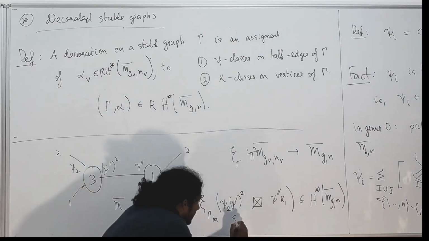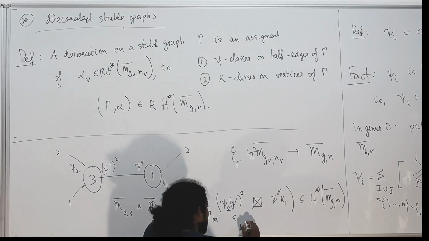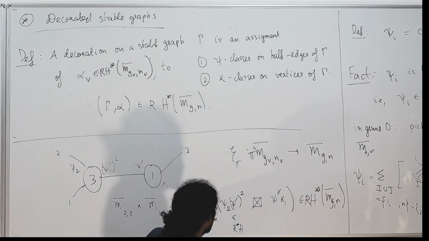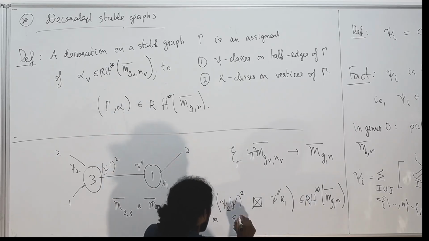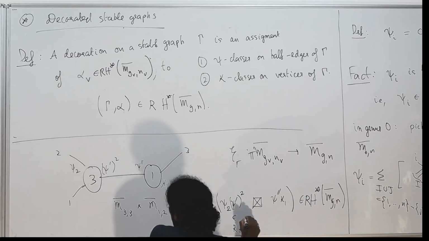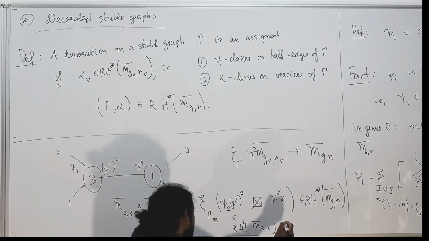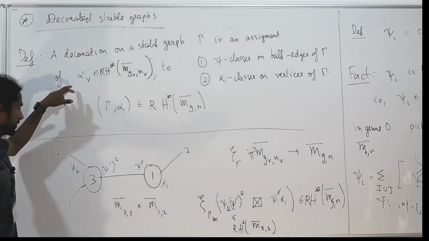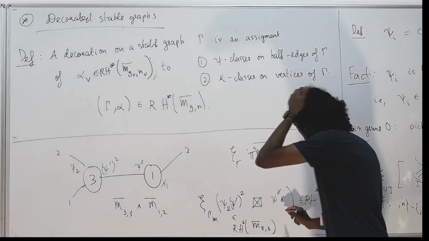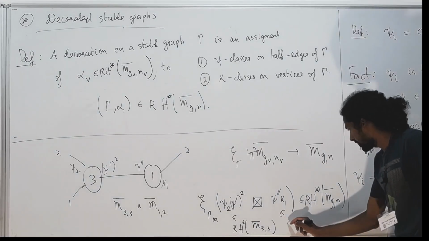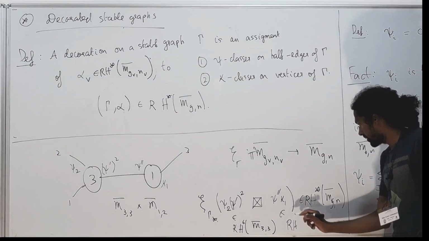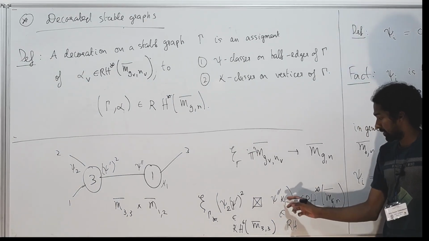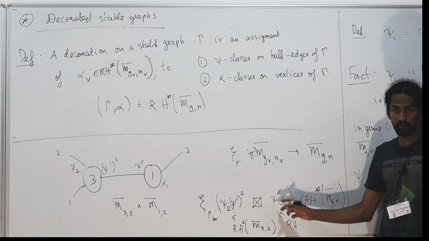So just this piece is going to be in the tautological ring R^6 of M_{3,3} bar. That's my alpha associated with this vertex. This other thing: again, the kappa class has cohomological degree 2, and the psi class has cohomological degree 2, so it's in degree 4.